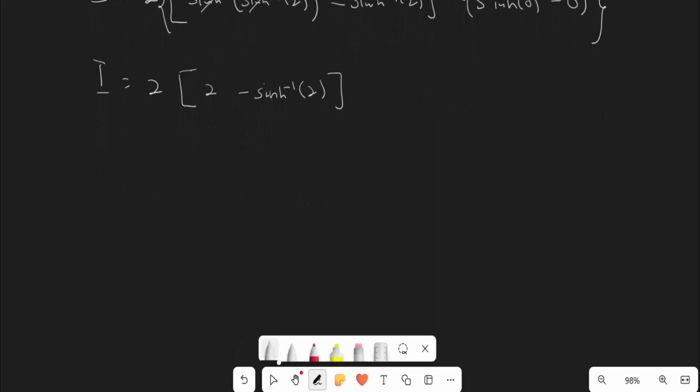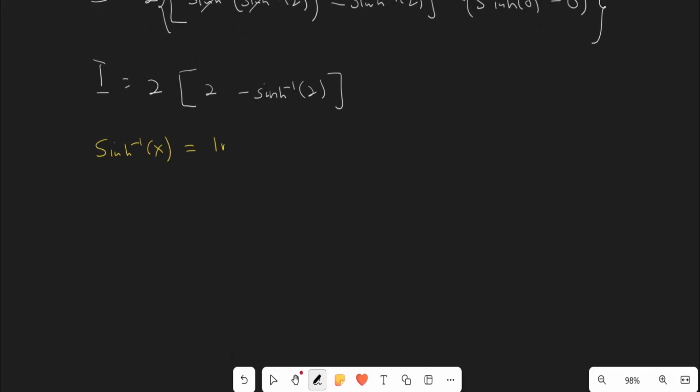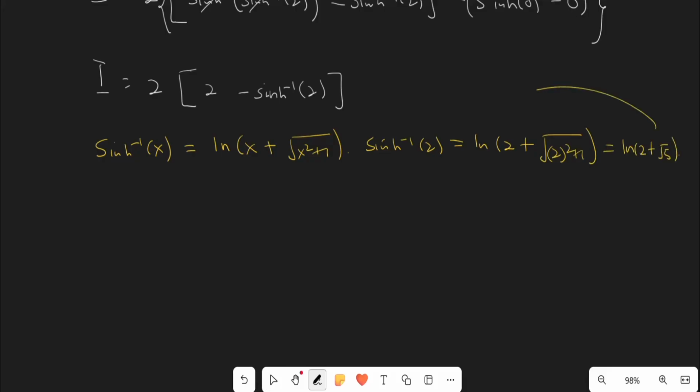We have to know that the sine hyperbolic inverse of x can also be written as the natural logarithm of x plus the square root of x squared plus 1. So the sine hyperbolic inverse of 2 is going to be the ln of 2 plus the square root of 2 squared plus 1, which is the ln of 2 plus the square root of 5. So we just plug that into our answer.